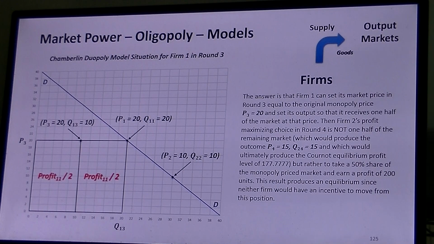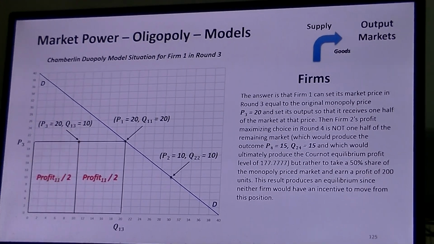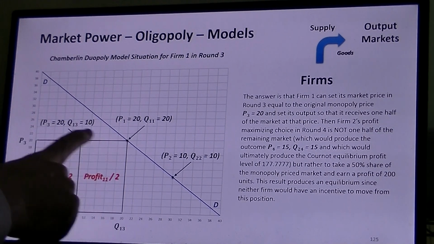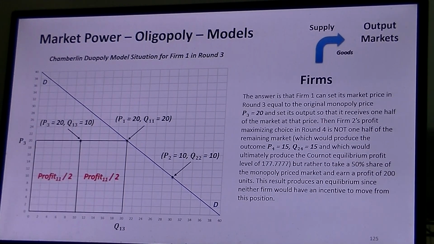So actually firm 1 could take a little bit more than half the market in this game, and still firm 2 would have an incentive to play that game rather than the Cournot game. At any rate, this is an equilibrium, since once the firms get into this situation, neither firm would have an incentive to move from that position.